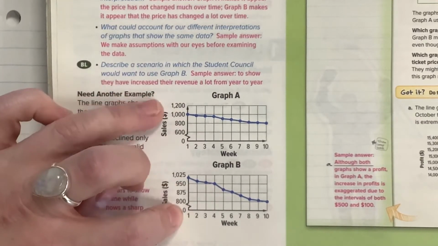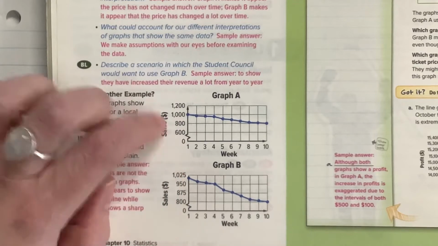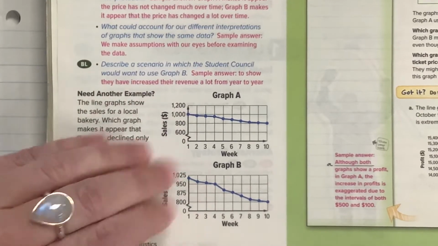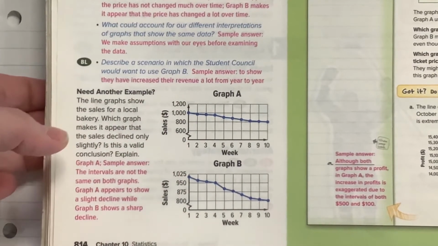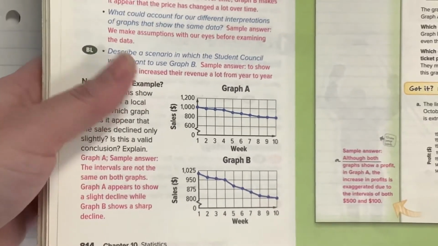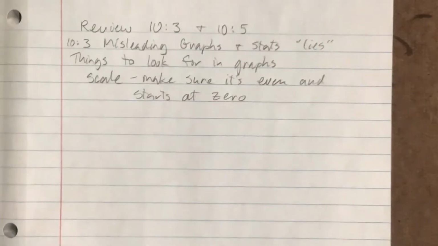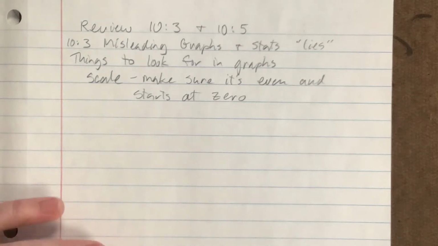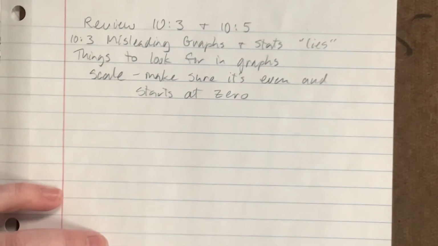If both of them zoomed out to actually have the scale include all the way to 0, then I think neither one of them would look like they were making even a little bit of difference. Okay, so again, with statistics, you can make it say whatever you want it to say. It's just whether or not it's accurately representing the situation that's the question.